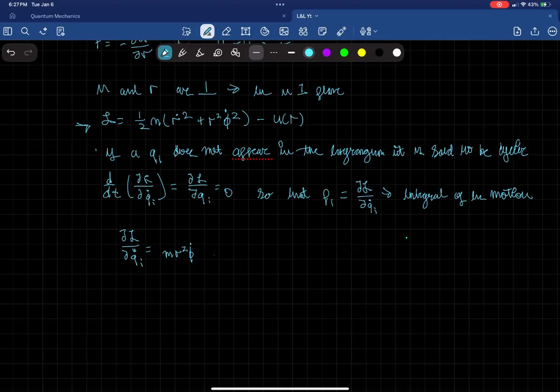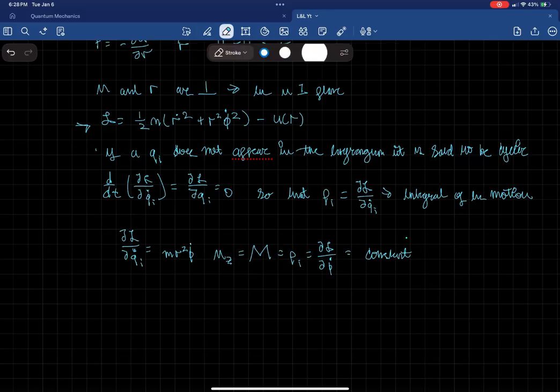So we can define the angular momentum in the z direction as simply capital M, which would also be equal to p_i equals del L del q dot i. And since we're using phi dot, we can just replace q dot with phi dot. And this is equal to a constant, because upon taking the time derivative it becomes equal to 0, which means that it is constant in time.